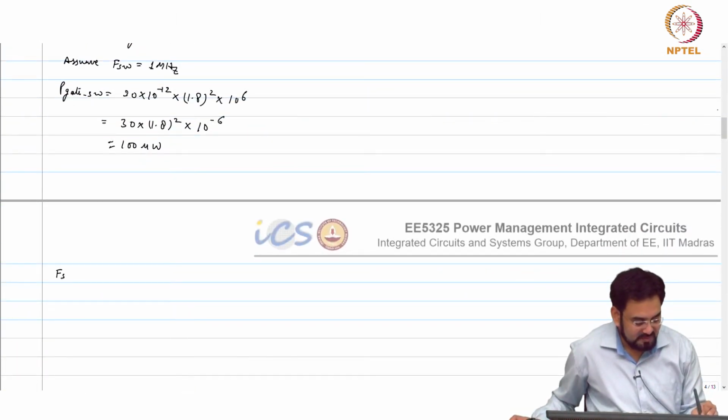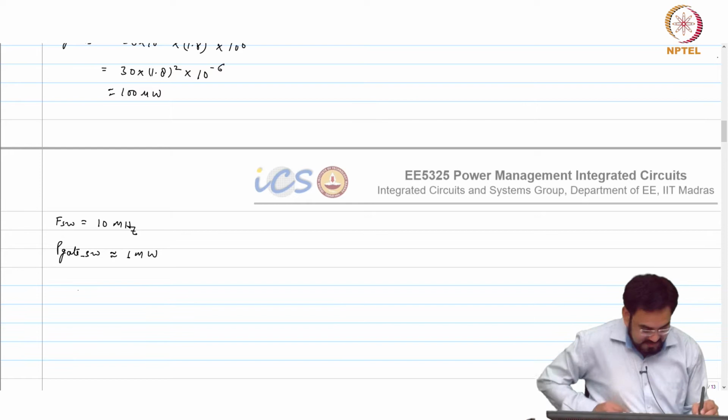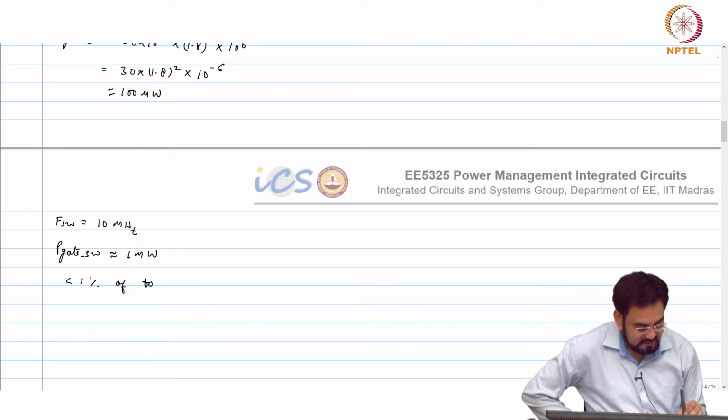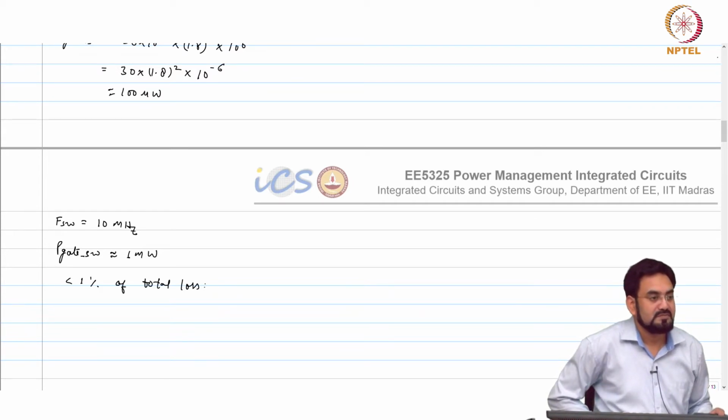So FSW equal to 10 megahertz, your P gate SW will be less than 1% of total loss.